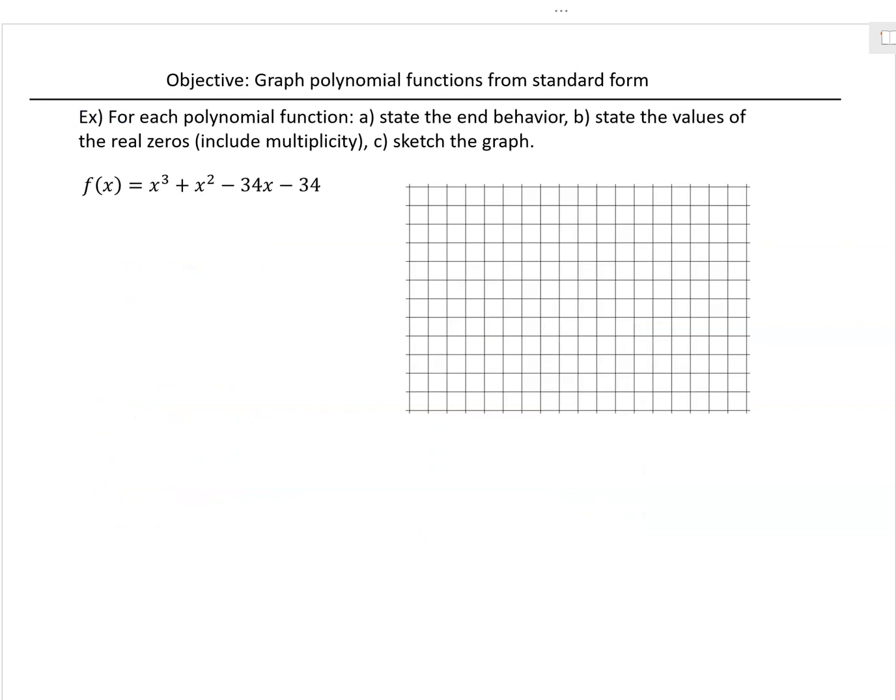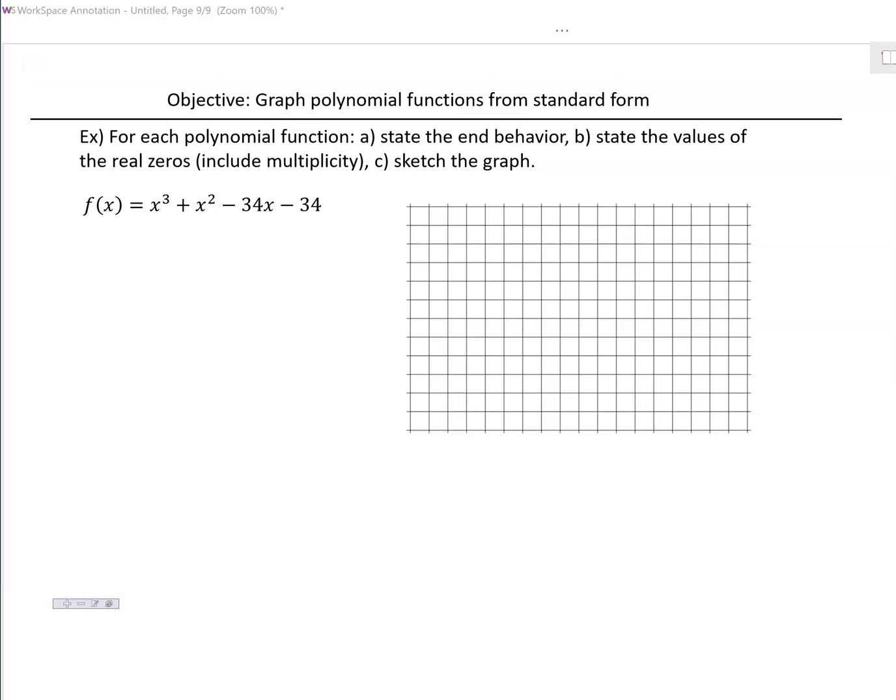Okay, another example for us to do together here. So we are looking at a polynomial function here with 4 terms, but we still would use the first term to figure out our end behavior. So our first term is x cubed, not because it's in the first position, but because it has the highest power of x.